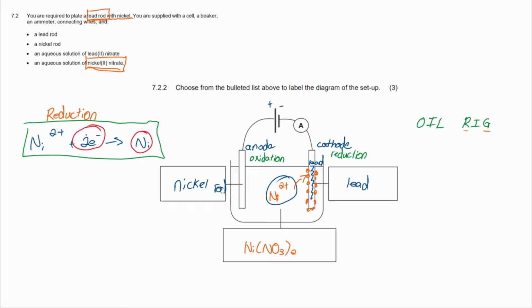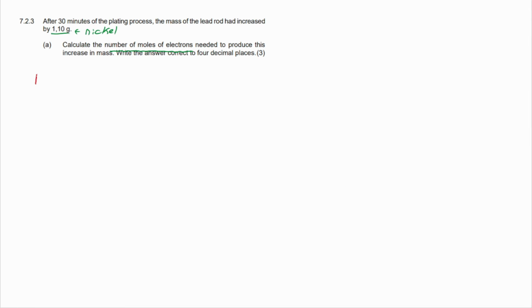But we need to be careful because of this mole ratio. 1 mole of nickel atoms requires 2 moles of electrons. But let's start off with just working out the moles of nickel. So we do our standard n = m over M, because we're trying to find the number of moles.